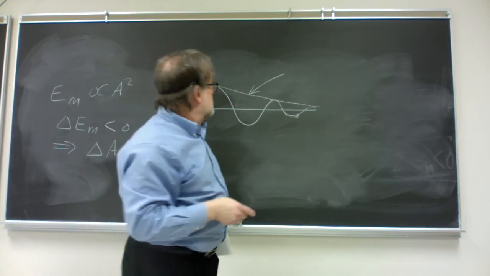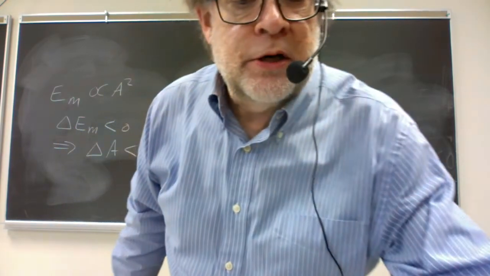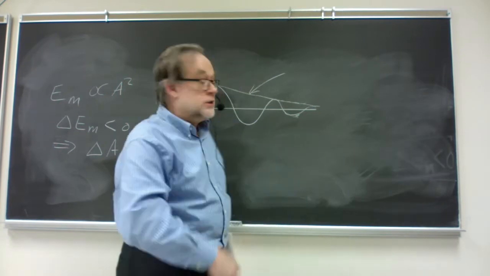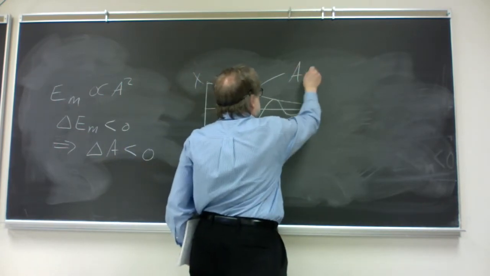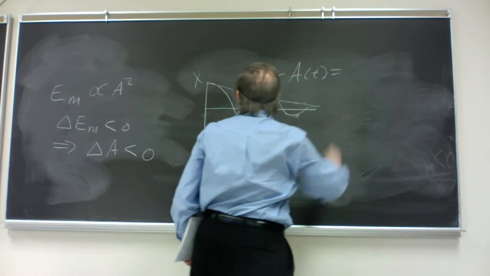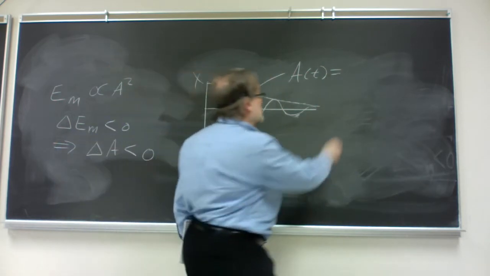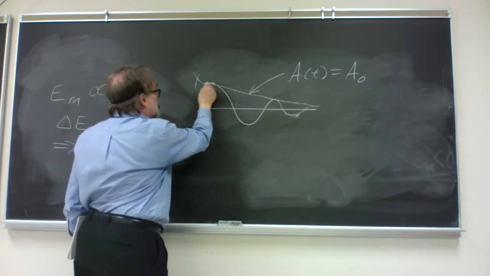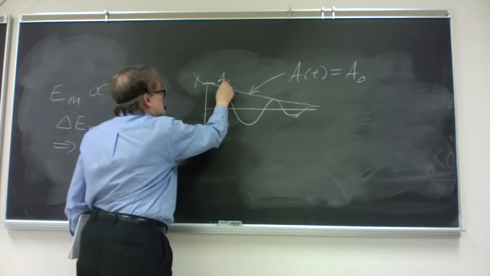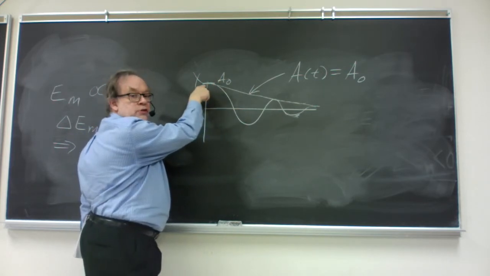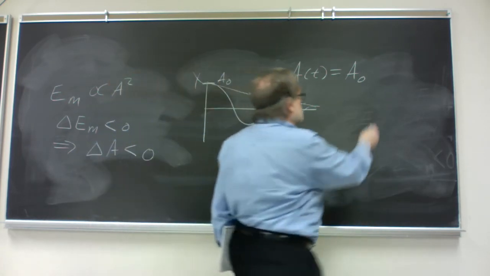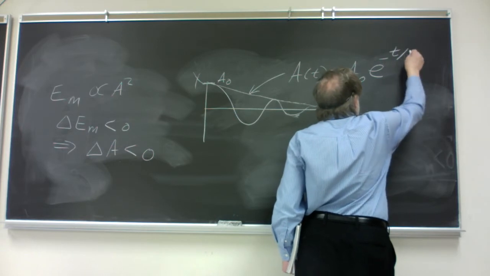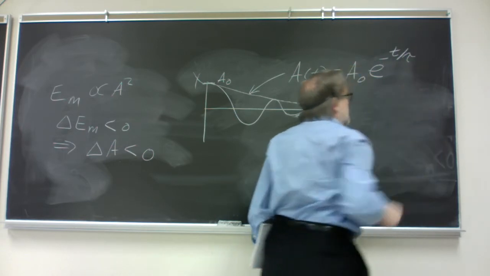Anyway, exponential decrease. The exponential function, amplitude as an exponential function of time, looks like this. The amplitude at any particular time equals the amplitude right at the start, the amplitude at time 0, A0, times the exponential e to the minus time over tau.